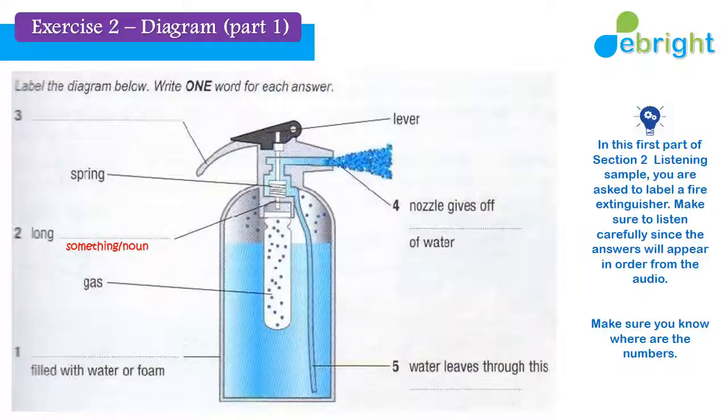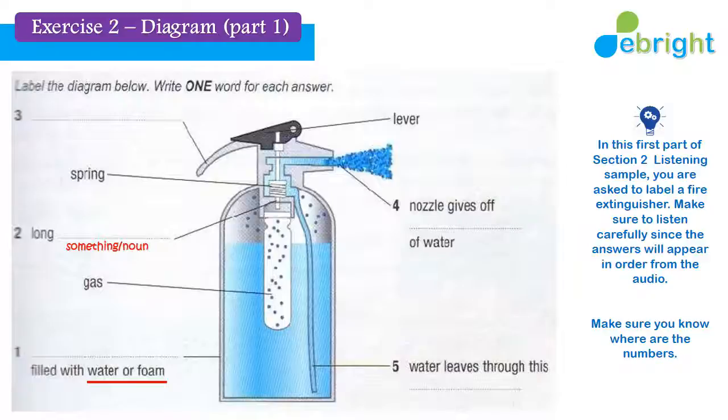So let's start. First, it's a fire extinguisher, and we are asked to label the diagram with only one word. Remember, one word only. Let's start with the keywords or the clues.